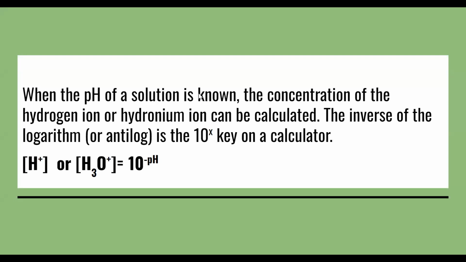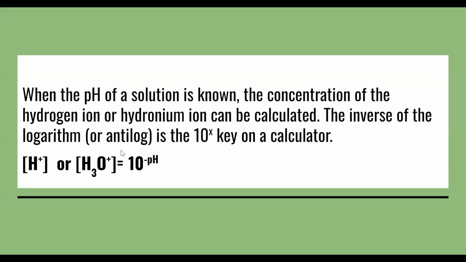Also, when the pH of a solution is known, the concentration of the hydrogen ion or hydronium ion can be calculated. So the inverse of the logarithm, the anti-log, is this. Remember, the other one we put hydroxide, then we have pOH here.